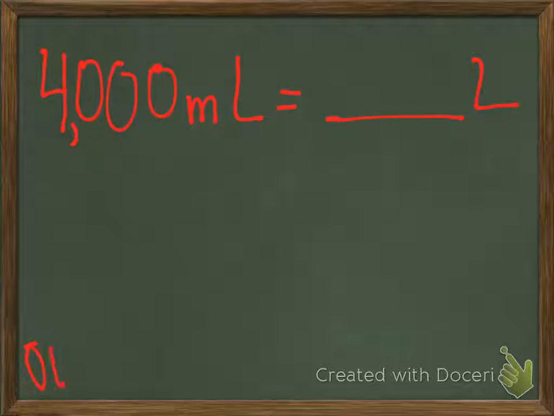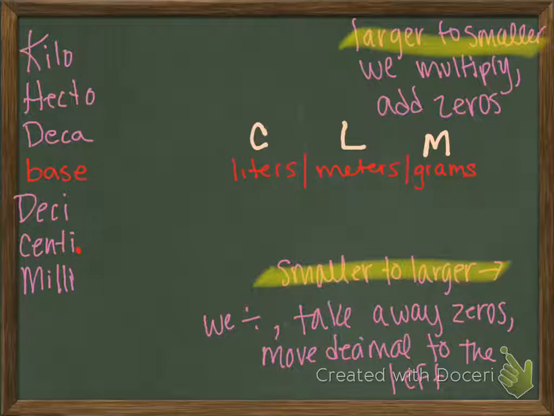All right, you tried this one on your own. This is going to be a quiz question. 4,000 milliliters equals how many liters? So remember, go back and look at your chart. You're going from milliliters to liters. So you're going from smaller to larger. It says we divide or we take away zeros, move the decimal to the left.